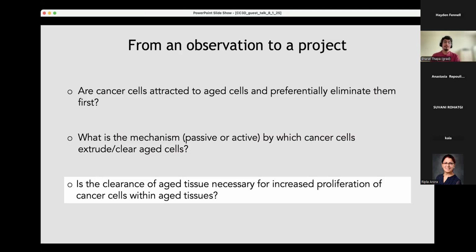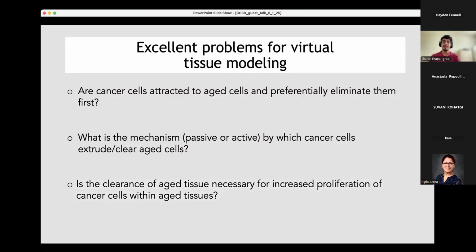But at that point, we had no idea about the mechanism. So it was very hard to really devise an experiment to answer this question specifically. And this is where CompuCell came in really, really super helpful.